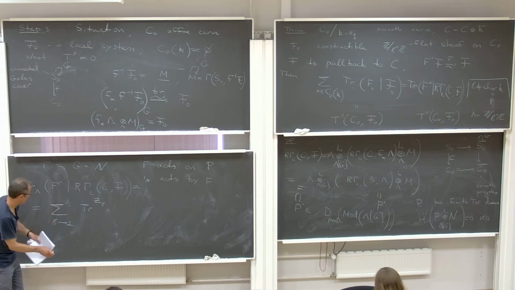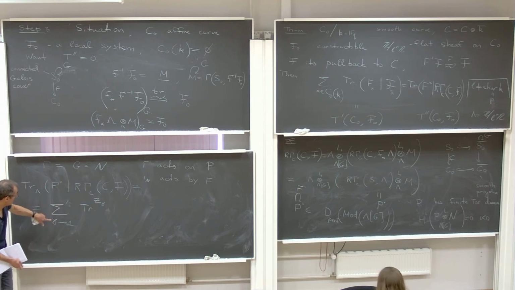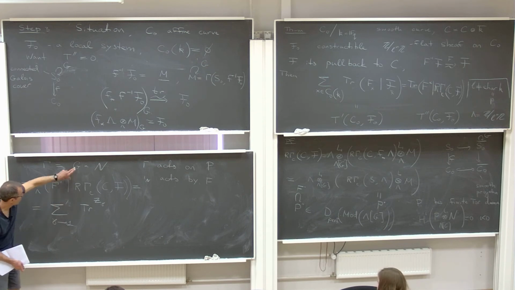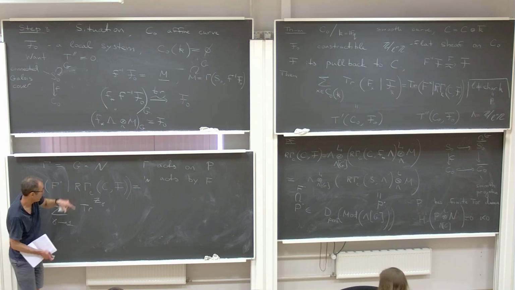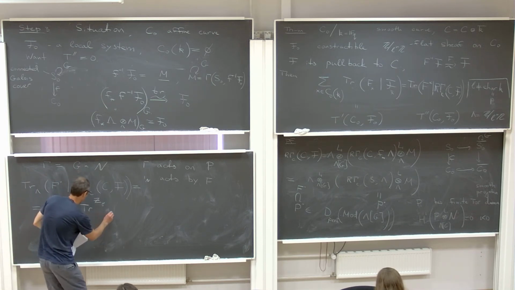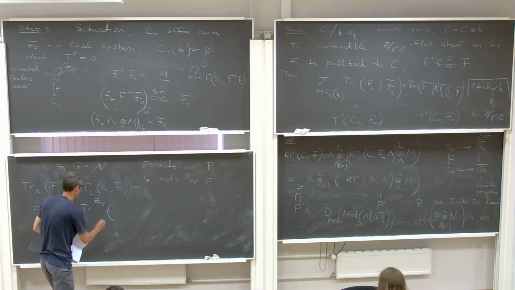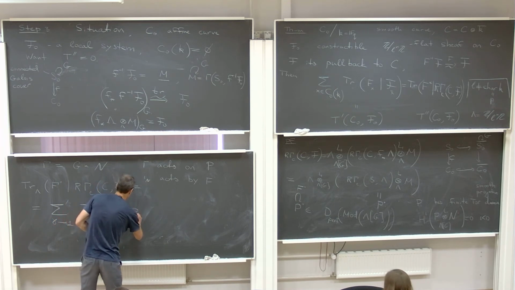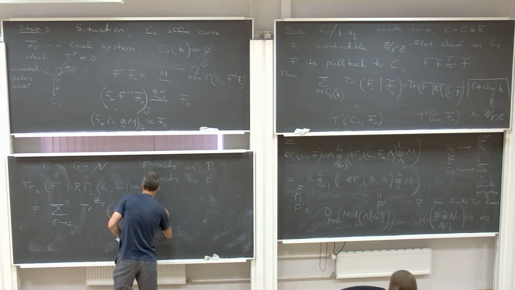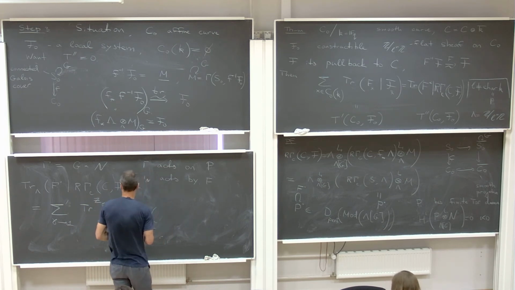Z gamma in this case is just the centralizer. Well, if you identify these gammas with elements of G, this Z gamma will be the centralizer of your element. So you take the trace of gamma acting on R gamma C of, well, where?